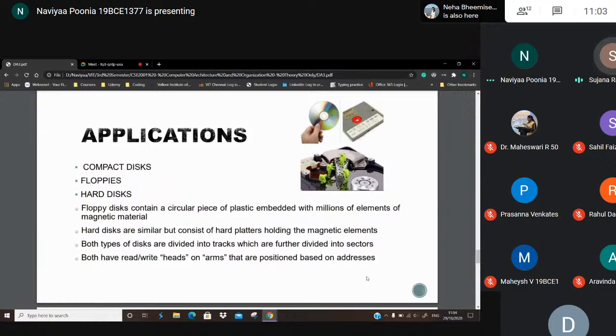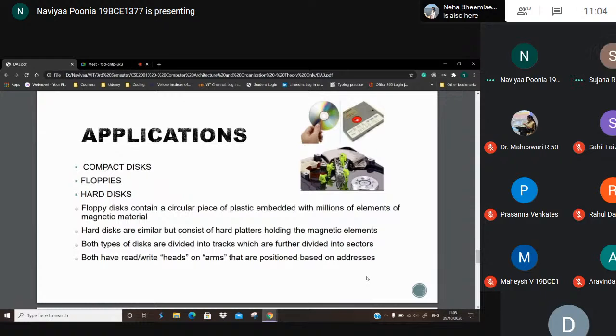And they both have the read and write heads or arms that are positioned based on the addresses. The floppy disks are also circular in shape, plastic embedded, with millions of elements of magnetic material stored in them. The hard disks are also similar, but they consist of platters holding the magnetic elements.